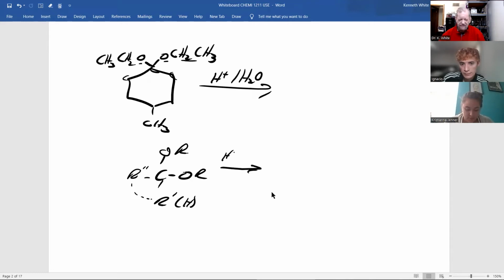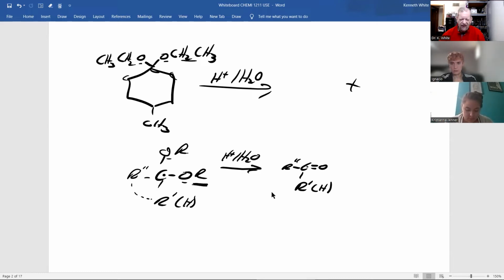Acid, water. Keep your eye on this carbon with the two oxygens, it becomes this carbon. And I should have, and I did it again. It's forget plus signs Wednesday. And that will be double bonded to oxygen, carbonyl. What's attached to it, R prime or hydrogen, and our R double prime will still be attached.